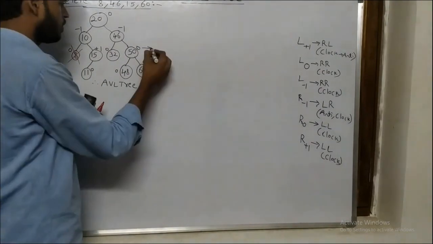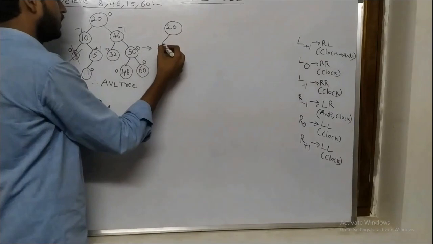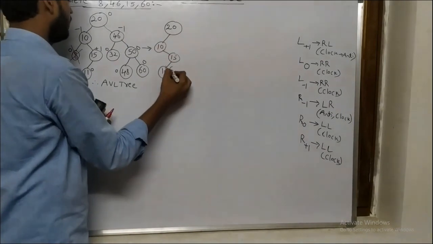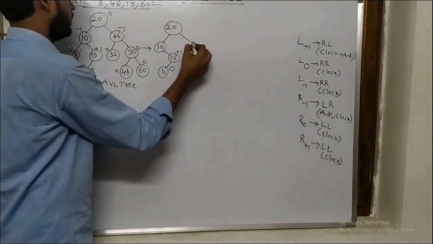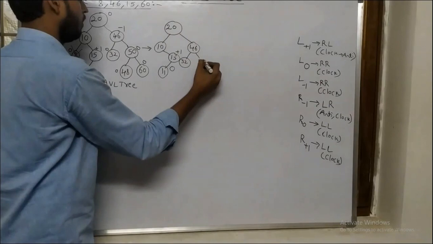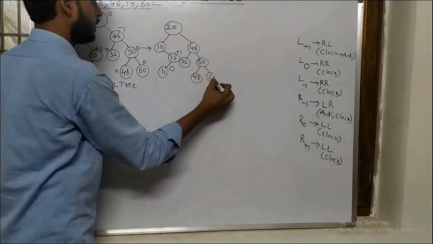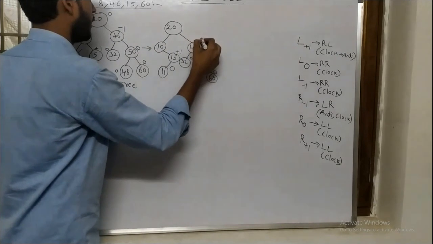My resultant tree will look like this, right? 20, 10, 15, 11, 0, plus 1, 46, 32, 50, 48, 60, 0, 0, 0, 0, minus 1.